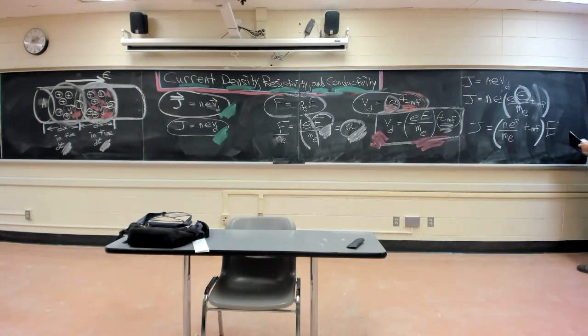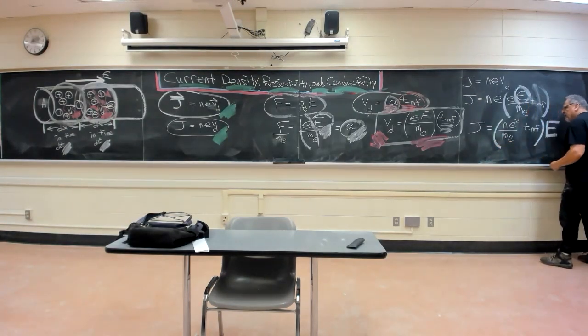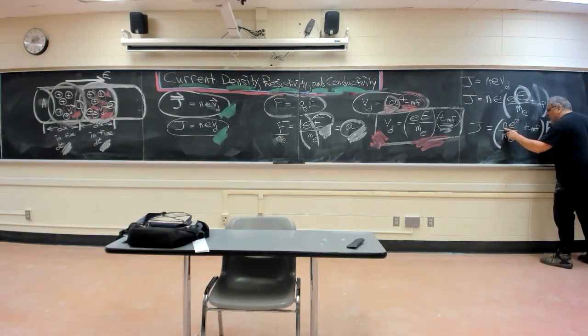Okay. Basically, guys, to make a long story short, if you're given a particular E field, what's going to make J, I over A, the biggest answer possible? A huge density of charges per unit volume, a lot of charge per carrier, squared, and not much mass.